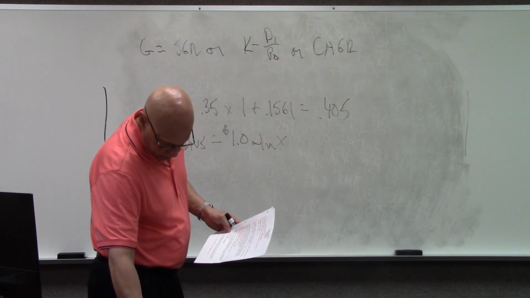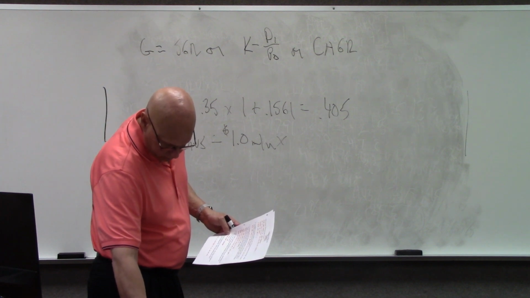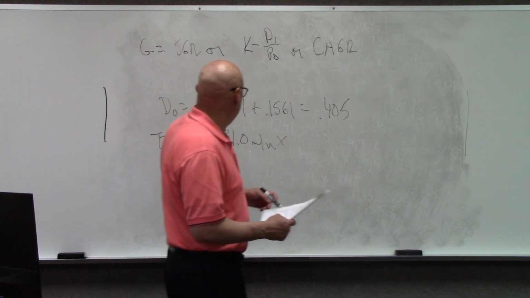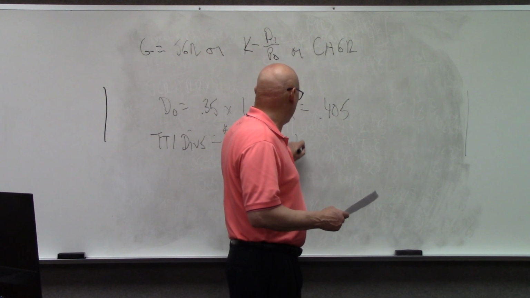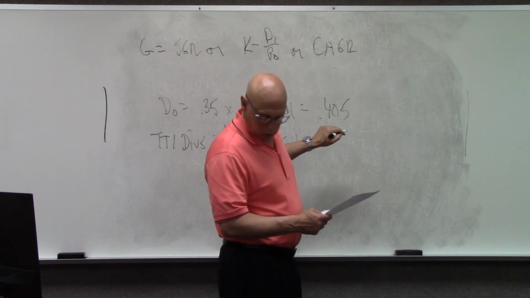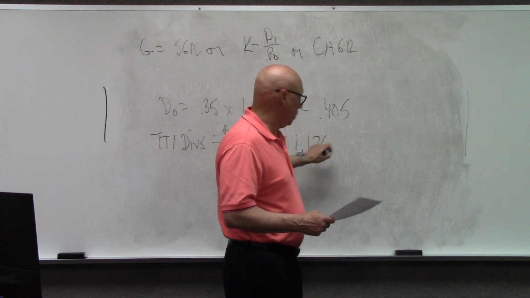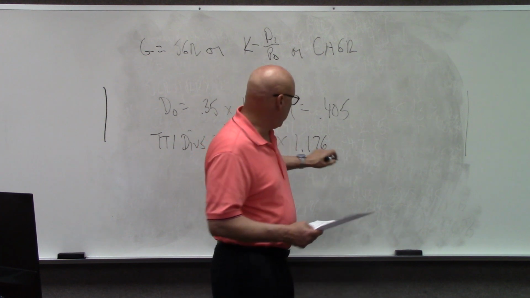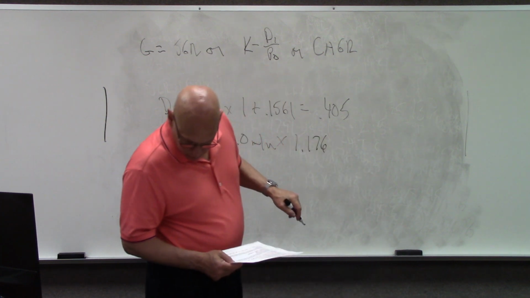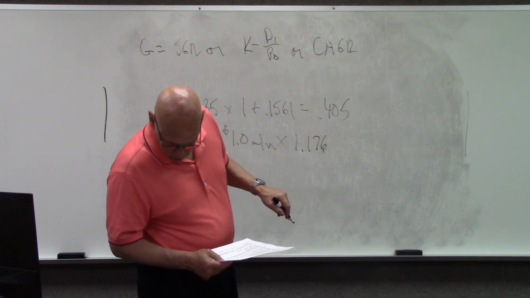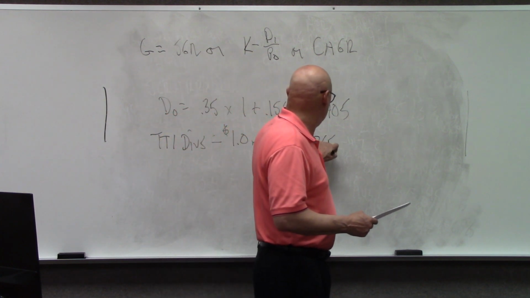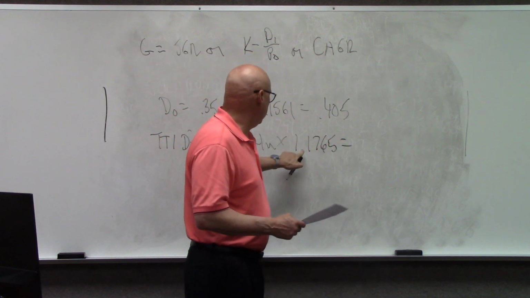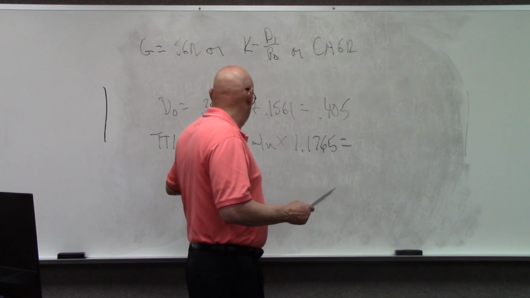Remember, we had 15 divided by 0.85, so $1 million times 1.1765.